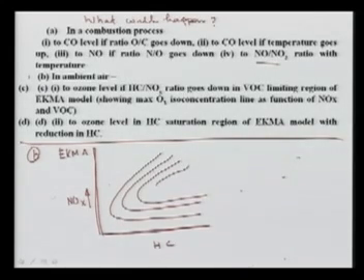Something like this. So it was like a maximum, and then the concentration will reduce in this direction. Once we have this Ekma diagram, let's try to answer question 1.